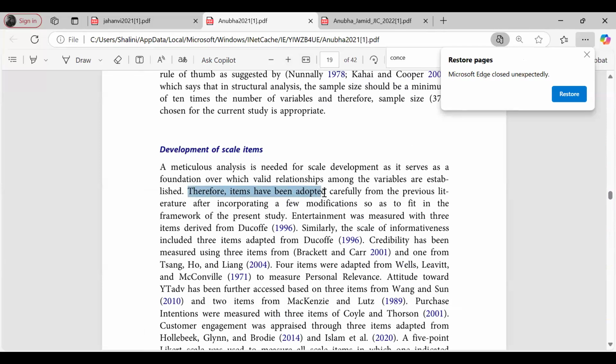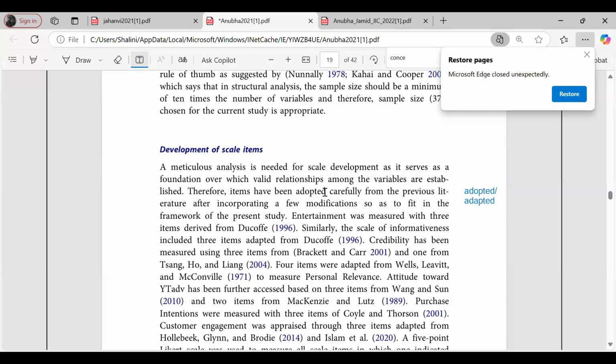Now, please pay attention here. There are two things which I told you yesterday. One is called adopted, another is called adapted.